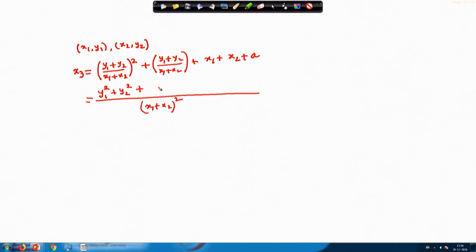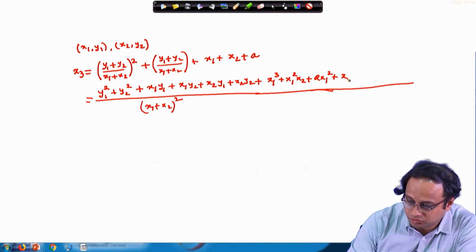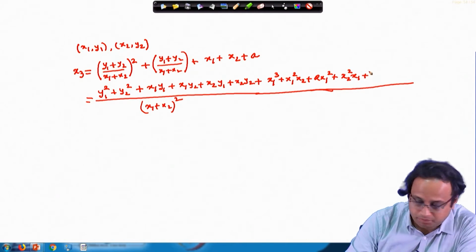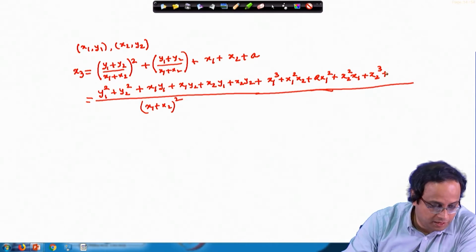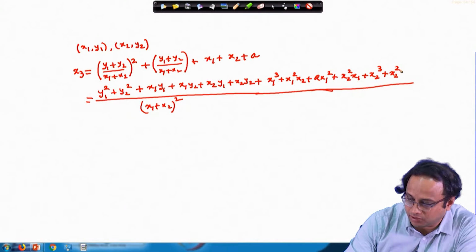So I can write x1 y1 plus x1 y2 plus x2 y1 plus x2 y2, plus some more terms, that is, x1 cube plus x1 squared x2 plus a x1 squared plus x2 square x1 plus x2 cube plus x2 square a.